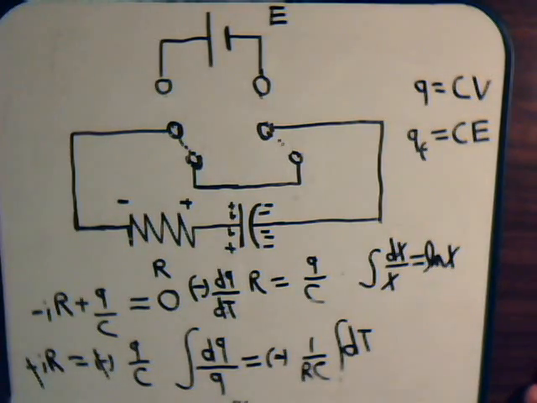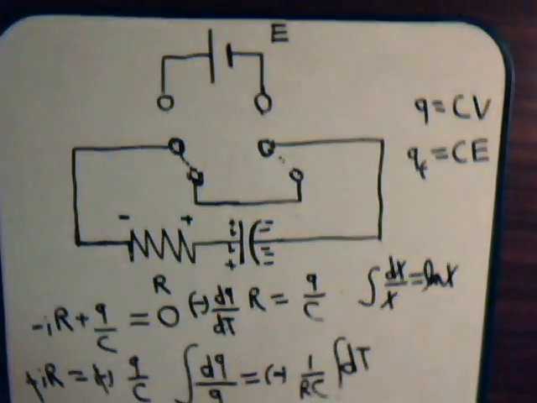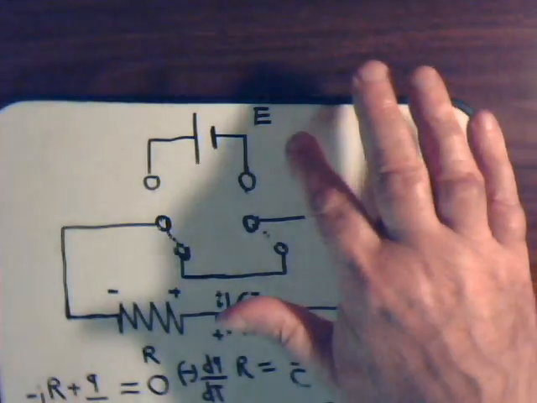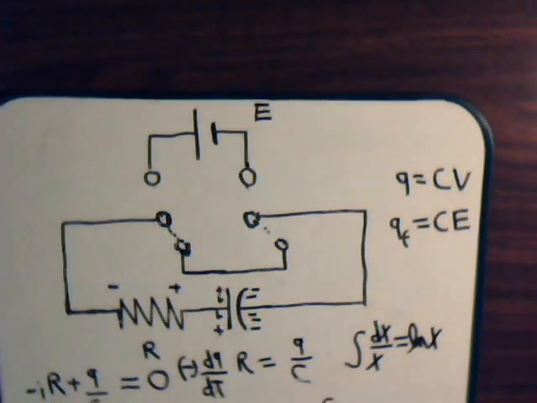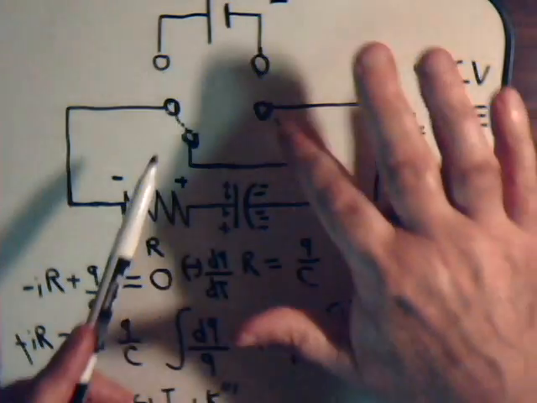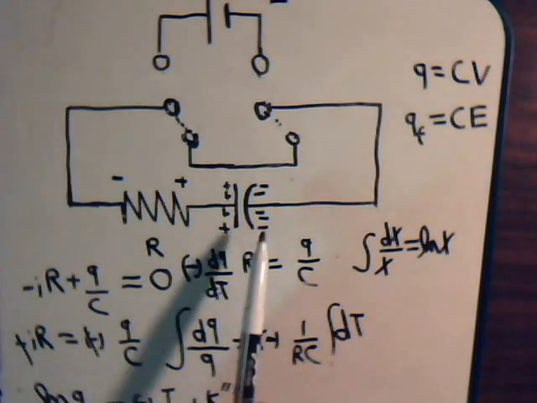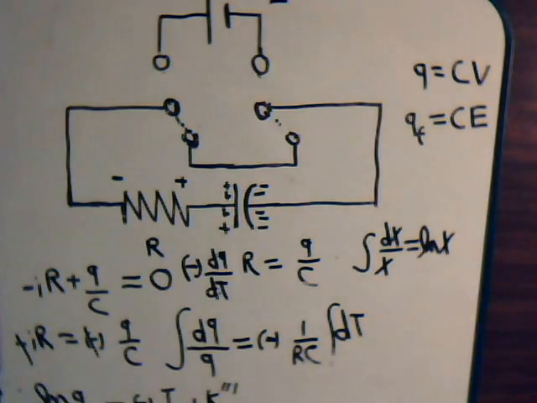And remember, this should make sense because at that instant, what is the voltage drop across the capacitor? It's E, because that capacitor is fully charged. So just at that instant, when we put the switch over to here, so this is a complete circuit now, at that instant in time, this voltage drop across there is equal to E.